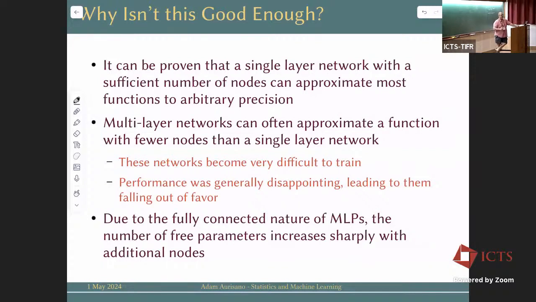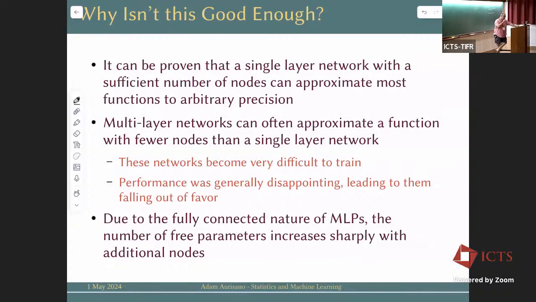So in principle, you can do it. It might take infinite nodes, but mathematically, it should work. You can always approximate things in a piecewise way with these nonlinear functions. But in practice, it doesn't really work, right? So the networks become very difficult to train, and the performance was generally just disappointing, right? Despite the theoretical guarantees, in practice, it just didn't work.